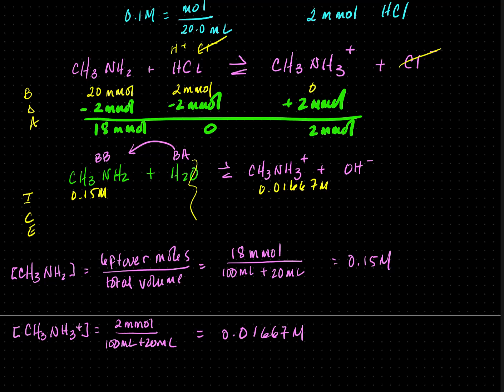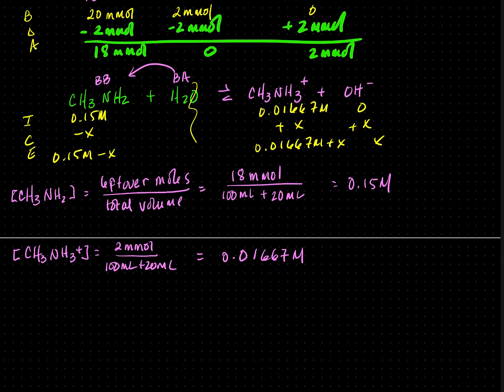Initial of OH- is 0. The change, and at equilibrium, we have 0.15 molar minus x, 0.01667 molar plus x, and x. So you know the next step is I need to write the Kb equation.